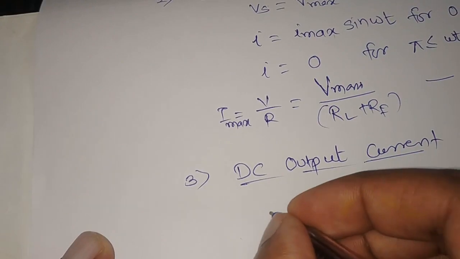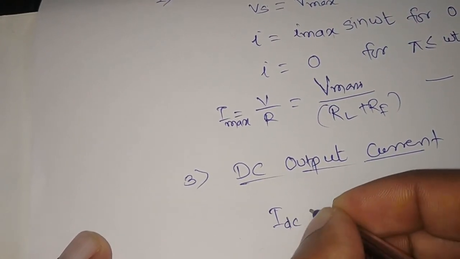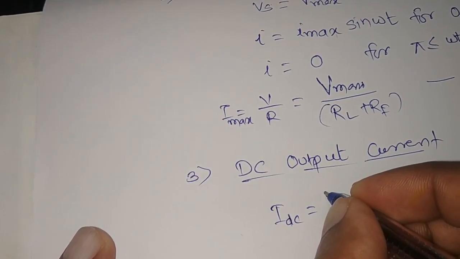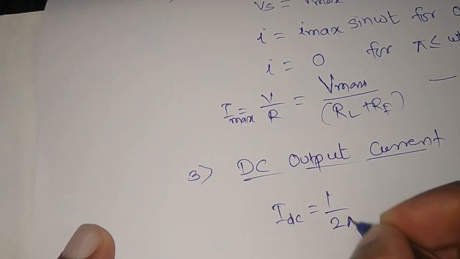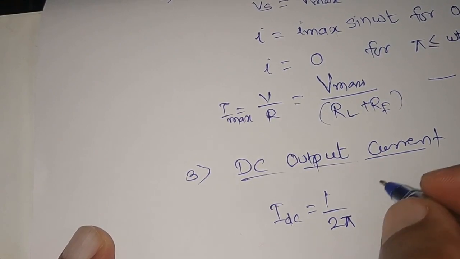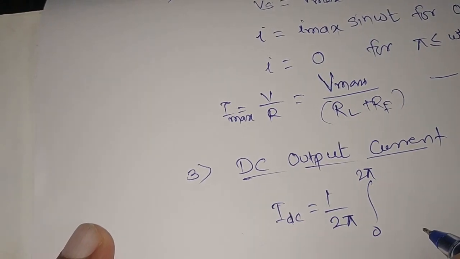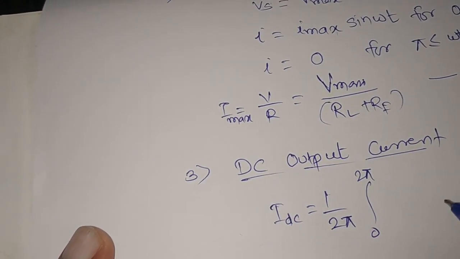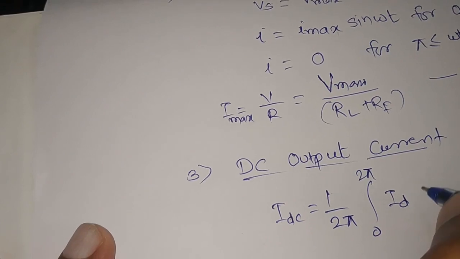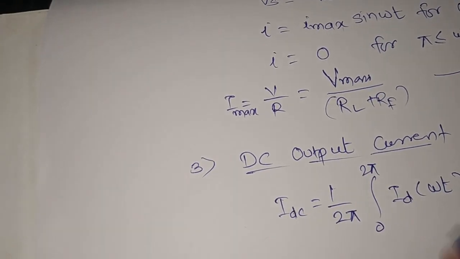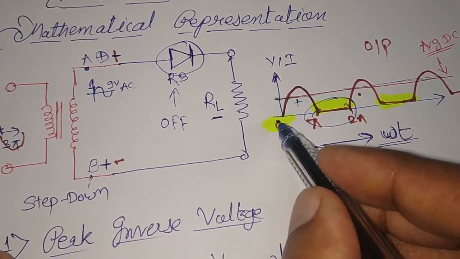It is given by I DC will be equal to 1 upon 2 pi. Total limits will be from, say, for one cycle 0 to 2 pi. Half will be anyhow 0, that we will do I d omega t. Now if we solve this, I will integrate it in two parts, 0 to pi and then pi to 2 pi.